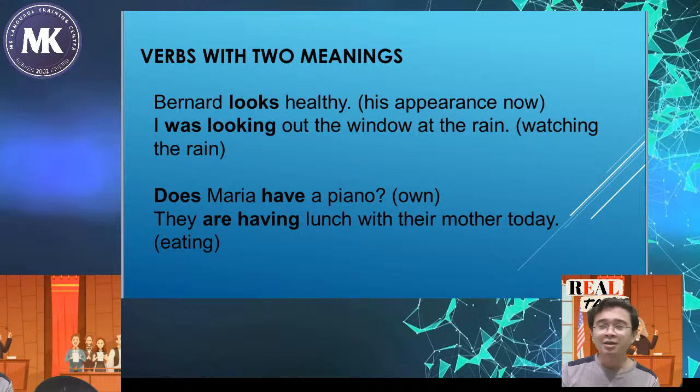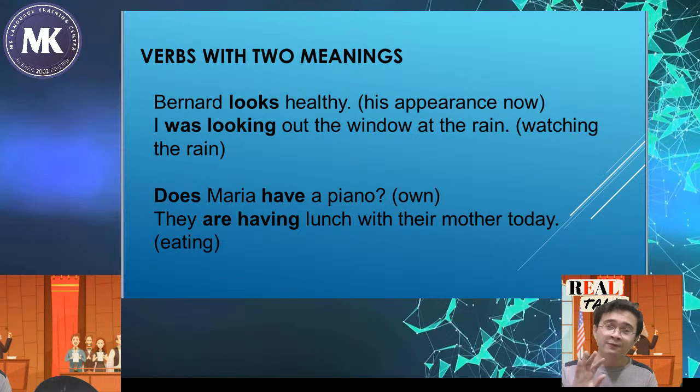First one, we have: Bernard looks healthy. For this sentence, with the verb looks, Bernard looks healthy, this talks about his appearance now. It means how this person looks. So for looks, we are using our sense of sight.